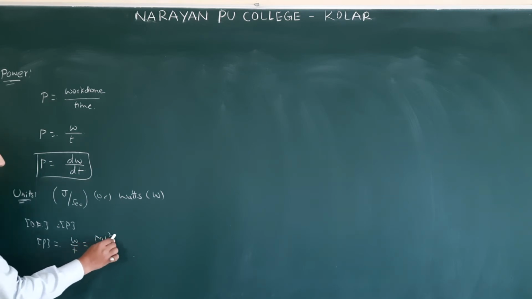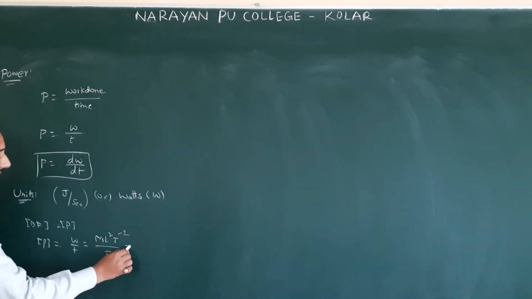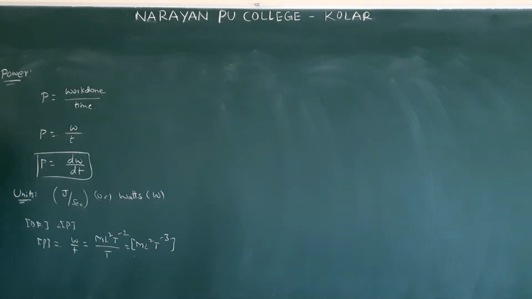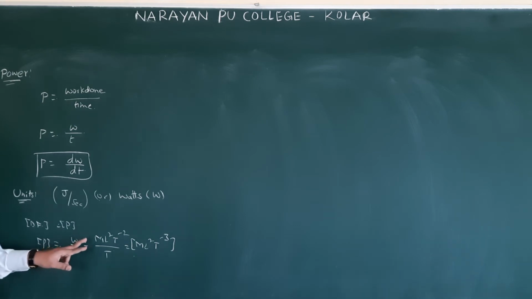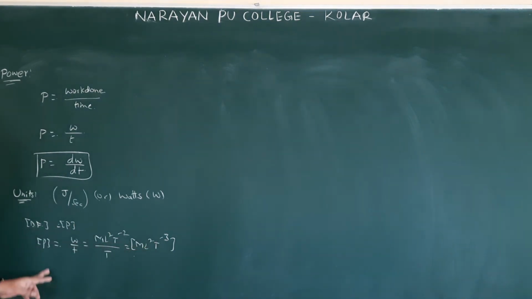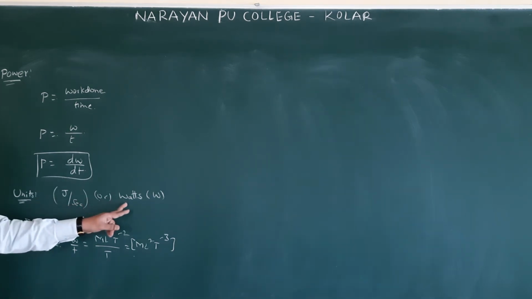Work means ML squared T power minus 2, by T. So ML squared T power minus 3. If you forgot the dimension formula of work done, you have to write again: work done is force into displacement. Already we gave how to remember and write the dimension formula. You can't learn it by heart, you have to remember logically. ML squared T power minus 3 is the dimension formula for power, and units are joule per second or watts.